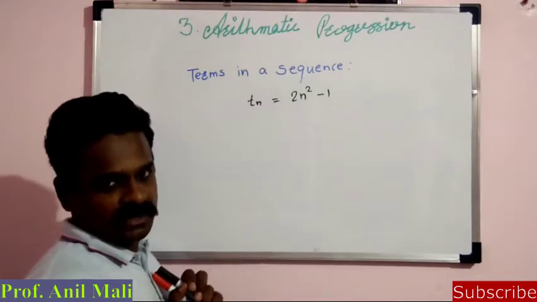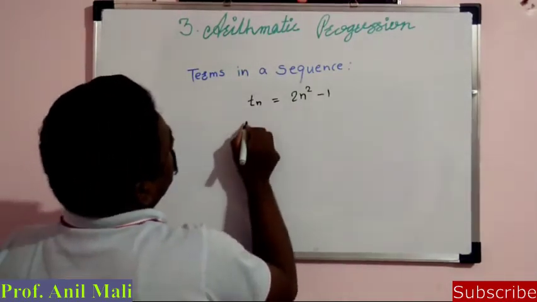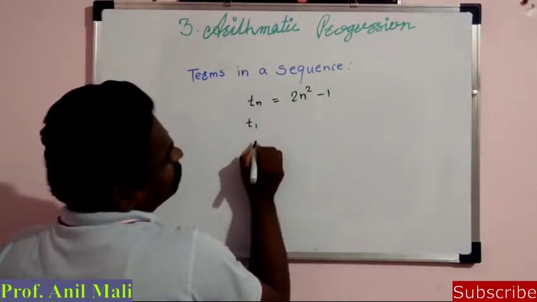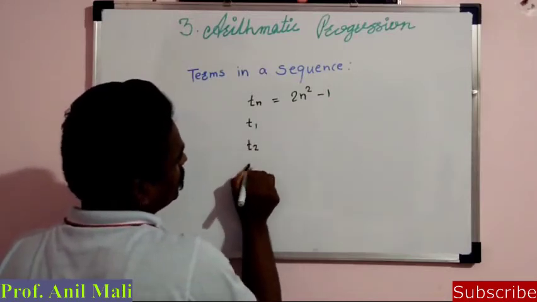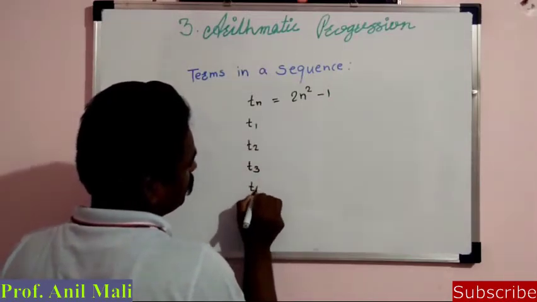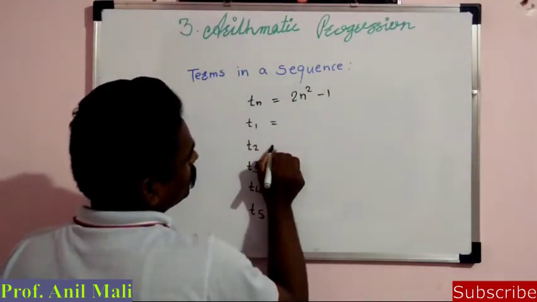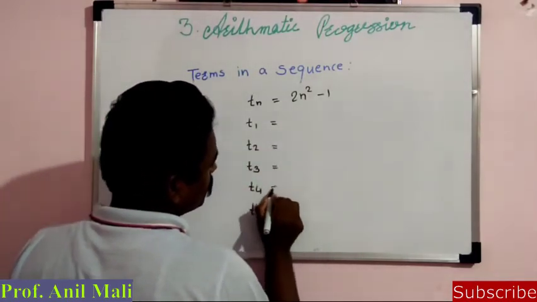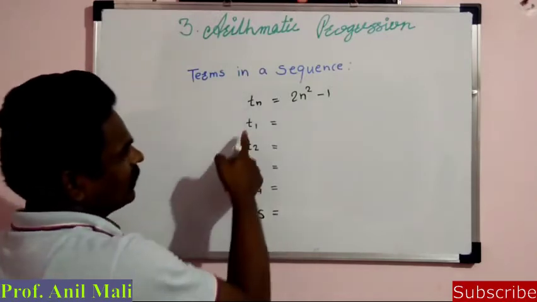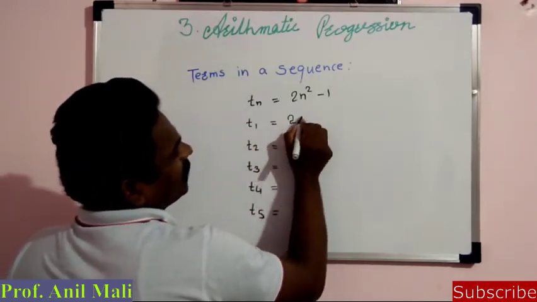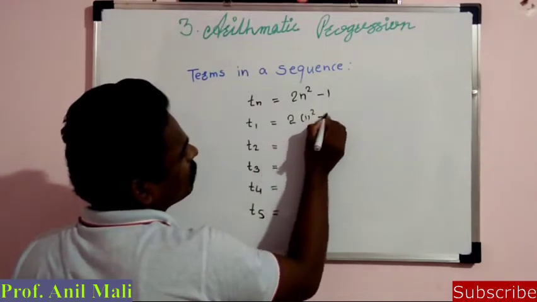What are the first 5 terms? We can write T1 the first term, T2 the second term, T3 the third term, T4 the fourth term, T5 the fifth term. So T1 is equal to 2 into 1 squared minus 1.